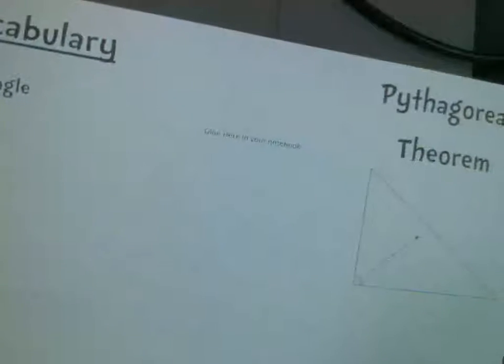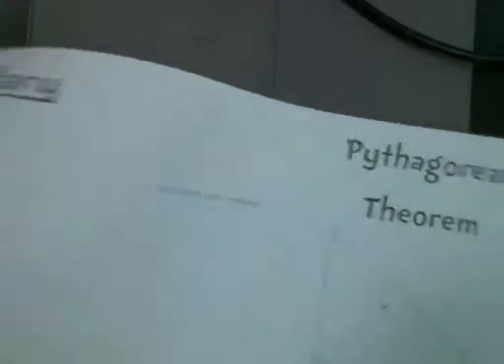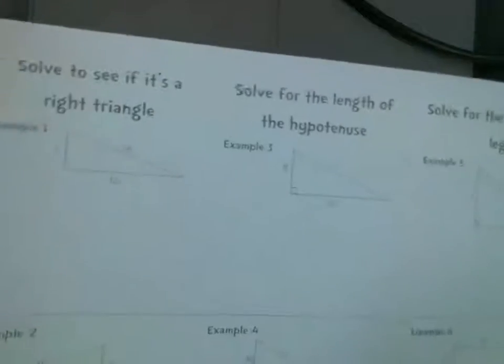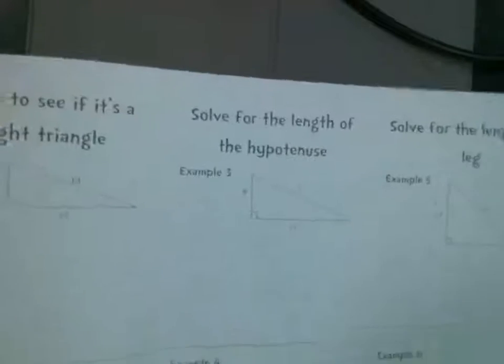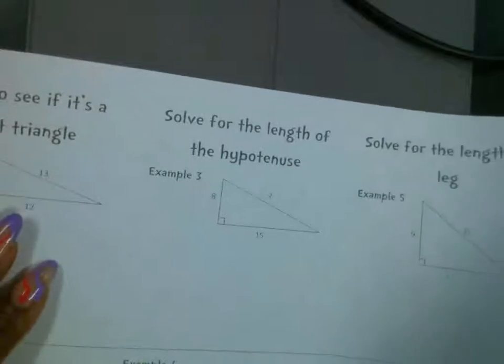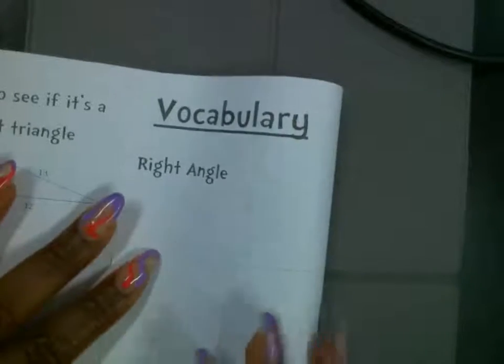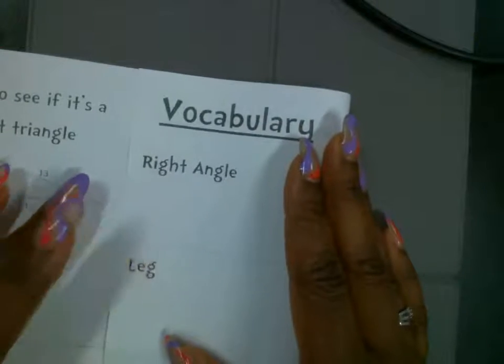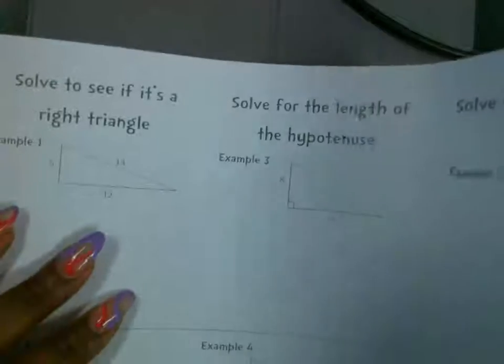All right. So this is how you fold the foldable. You need to be on this side. It's a tri-foldable, which means it goes in twice here and you have 3 sections. So you see the vocabulary.